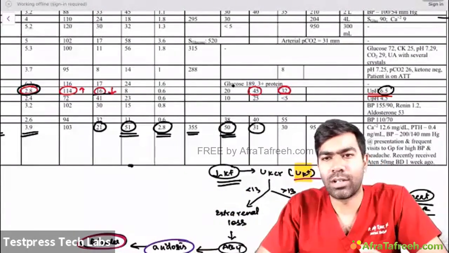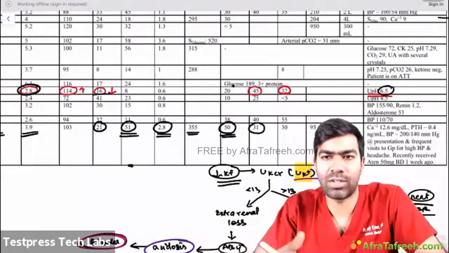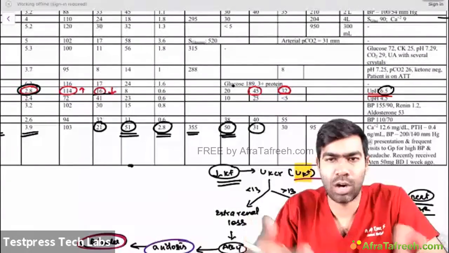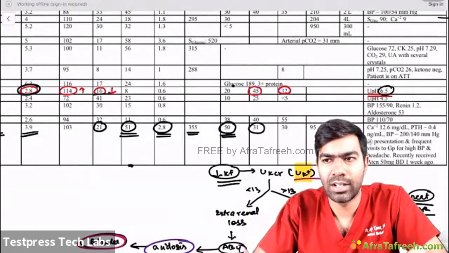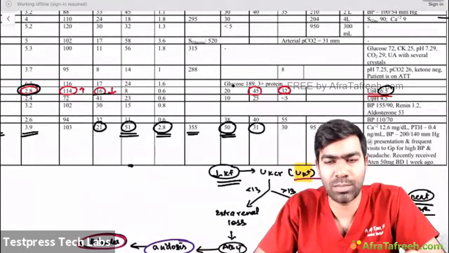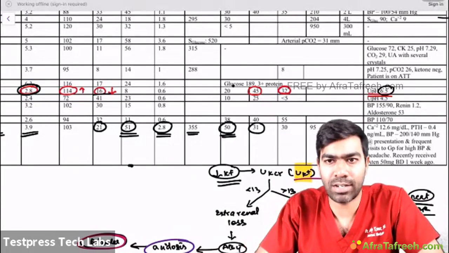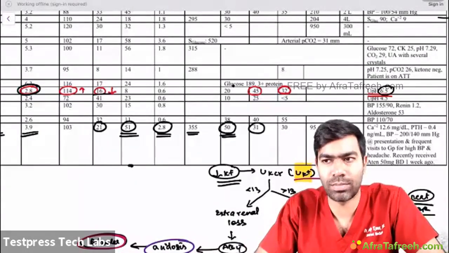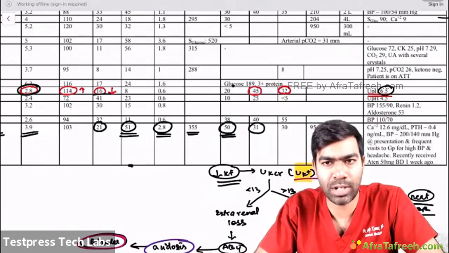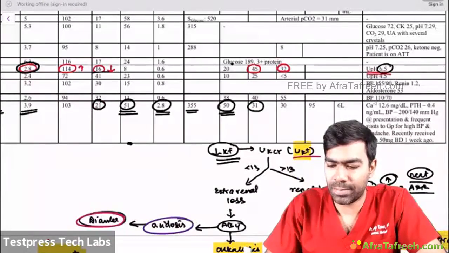Whenever you see a value in your practice, you should always compare it with the other things. If the serum potassium is normal, then 31 I will take as an okay value because it indicates dietary potassium intake. That is not a high potassium or a low potassium. But in the setting of hypokalemia, if I see 31, then that's definitely wrong because that's too much. Kidney should not excrete that much potassium in hypokalemia. It's all relative. And urinary chloride is 30.